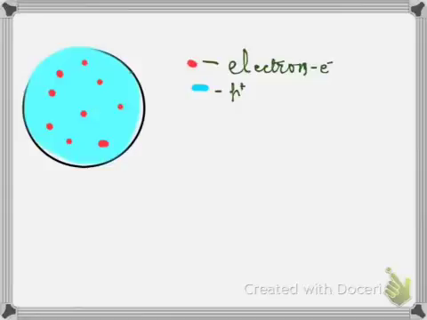Now there is a special phrase which was used here called electrostatic arrangement. The electrostatic arrangement means that the electrons cannot be just randomly put into that spherical shape or that positively charged sphere.